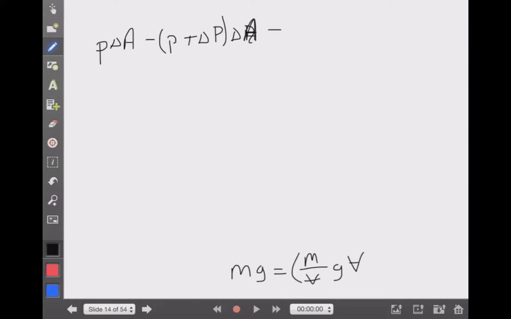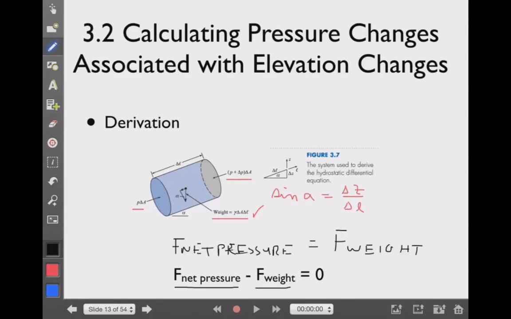But of course, this is rho g, which is gamma. So mg, the weight, is just equal to gamma times volume. And so we can write that. We can see from the previous slide that what they have written right here is just gamma times the volume.